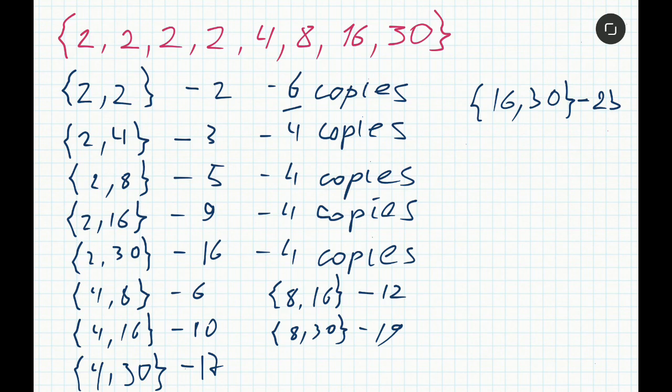So you take 4 and you can have either this 2 or these 2, and that gives you 4 different samples. So here I listed all the samples with a number of copies where appropriate. The sample consisting of two 2's repeats itself 6 times. Any sample which contains only one 2 repeats itself 4 times, and so on.